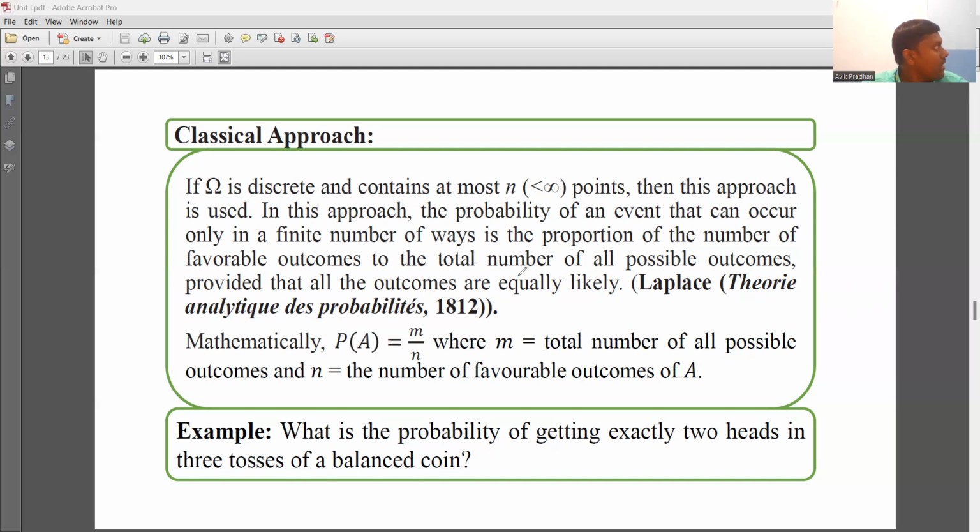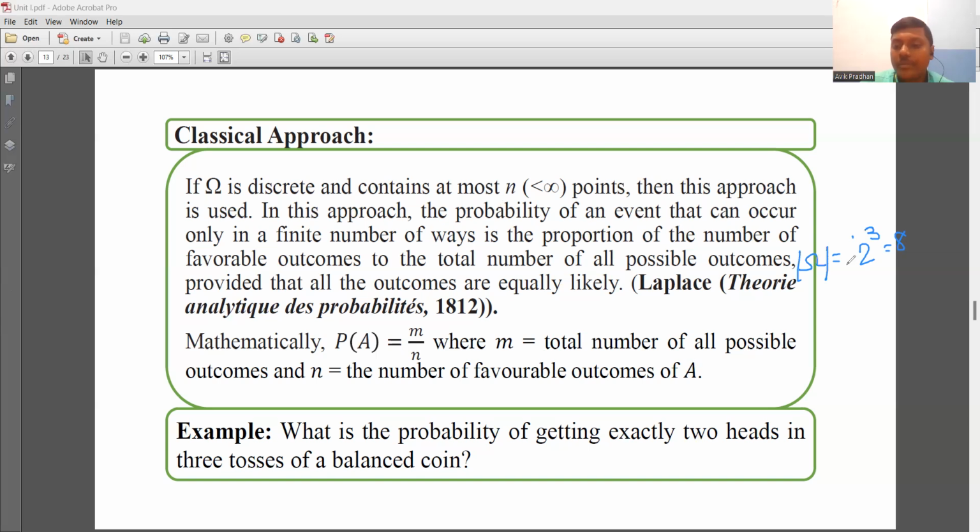If I consider this experiment, then the sample space, or set of all possible outcomes, omega is going to contain 2 to the power 3, which is 8 possible outcomes.